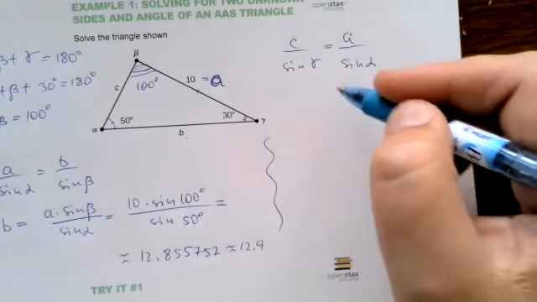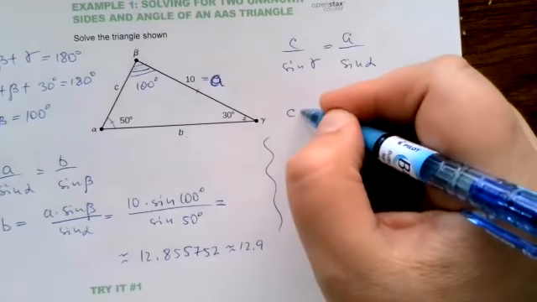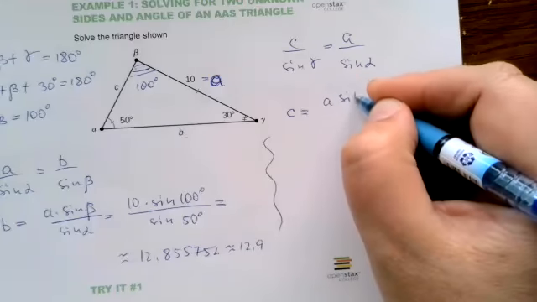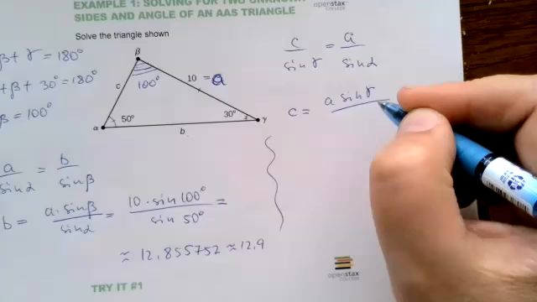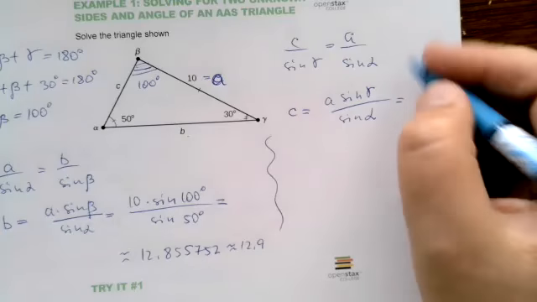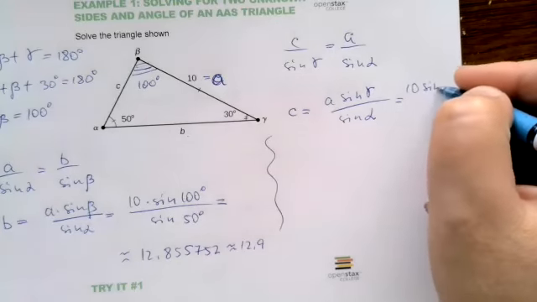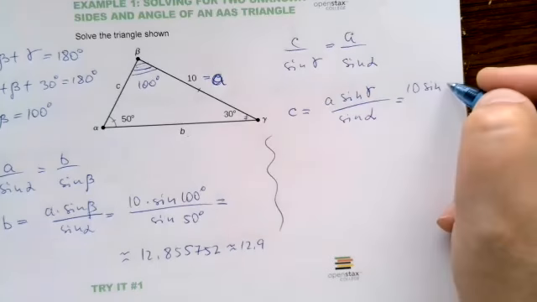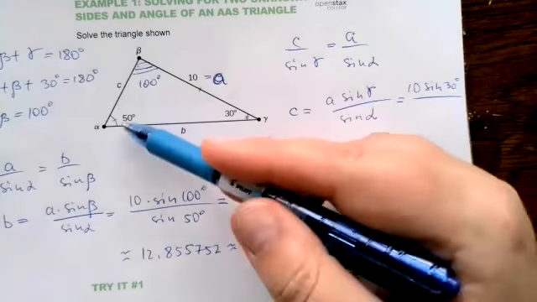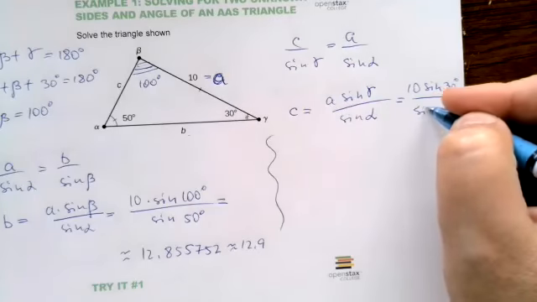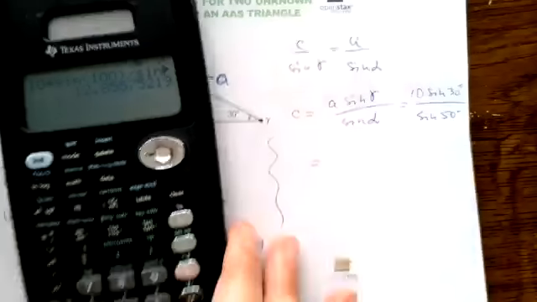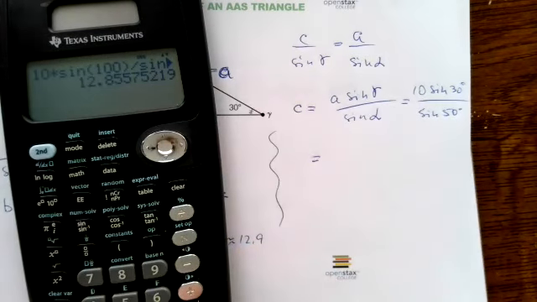So again, solving this ratio for C, I'm going to have C equals A times sine gamma divided by sine alpha. All right, so that's 10 times sine gamma, which is 30, and alpha is 50. So again, what I need to do, I need to put it into my calculator.